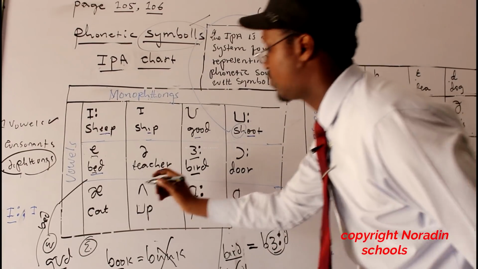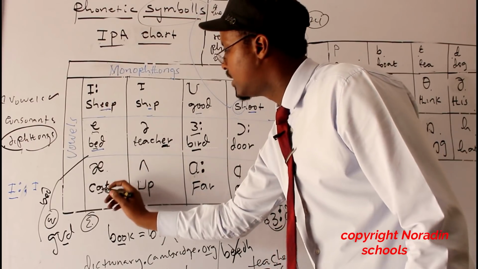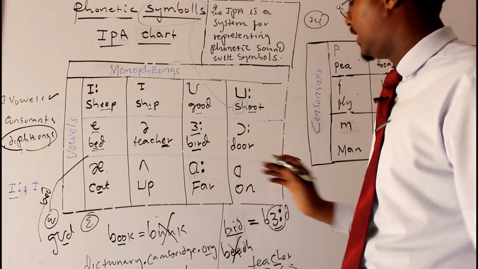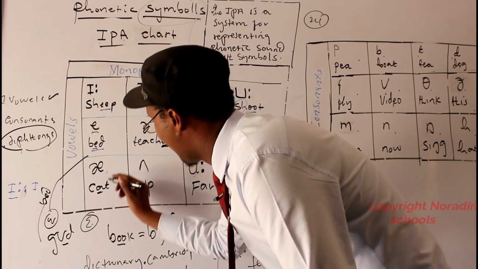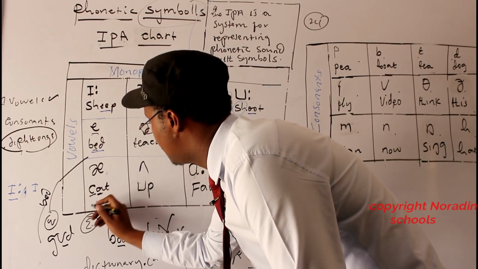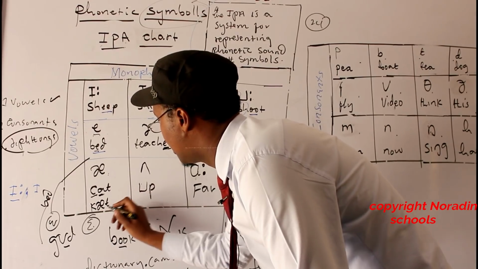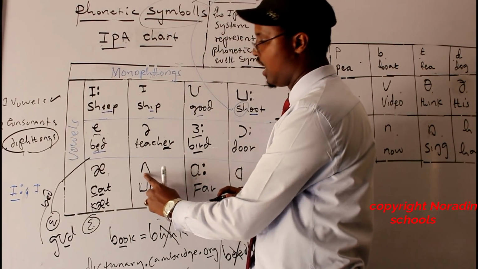Let's take a look at this one. Cat. So this one is different. Cat. See? Cat. So if a teacher asks you to write the pronunciation of the word cat, you have to say ka makes like ka. And then becomes like this one, and then ta, cat. See, there is a difference between this and this.